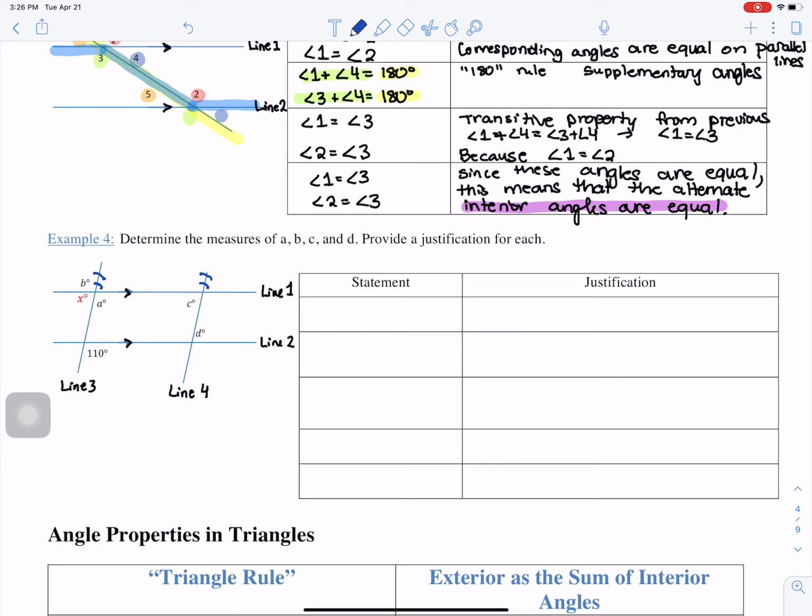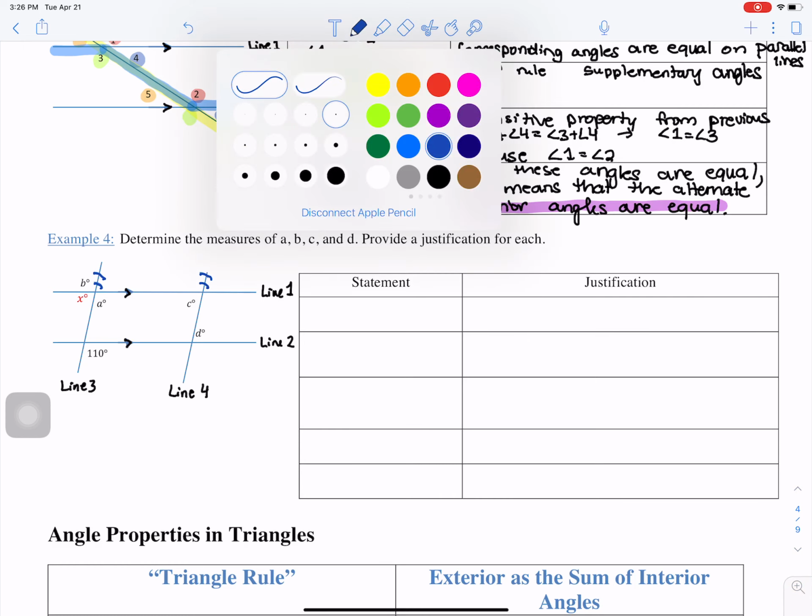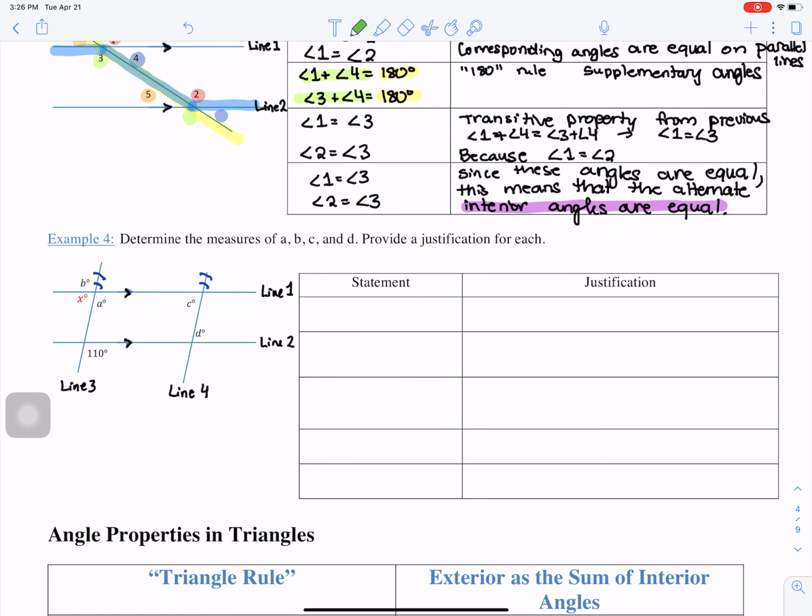So now let's try to figure out what does A equal, what does B equal, what does C equal, and so forth. Now, because my lines are parallel, what you want to think about is your Z rule. So I'm going to draw my little Z out with my parallel lines that are given to me. The Z can be backwards or forwards.